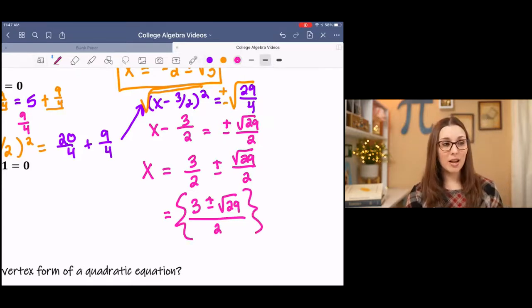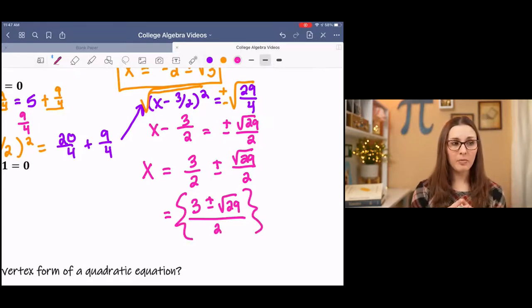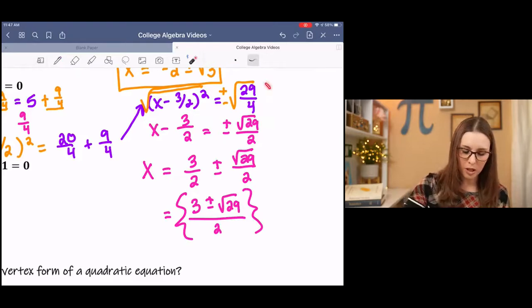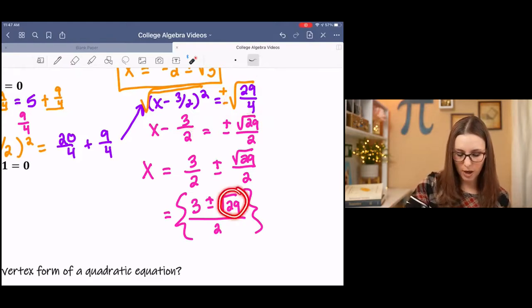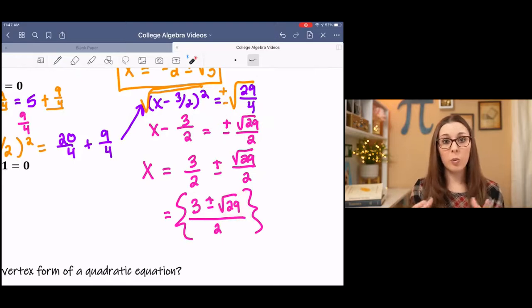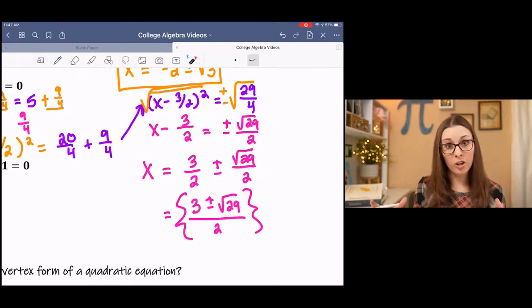So you can kind of see how the fractions end up helping you in the end. When we square root, we end up getting common denominators, which makes it really simple to add. This one turned out yucky, but especially if this had been a perfect square, then we could have simplified it even further. But since 29 is prime, I'm just done there.